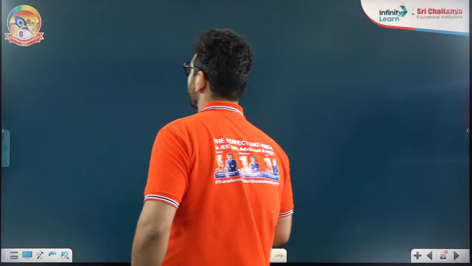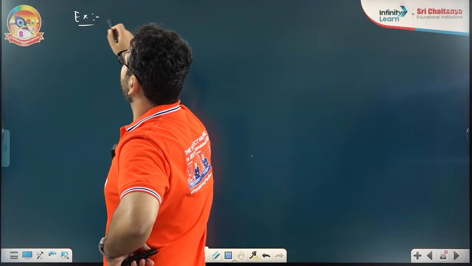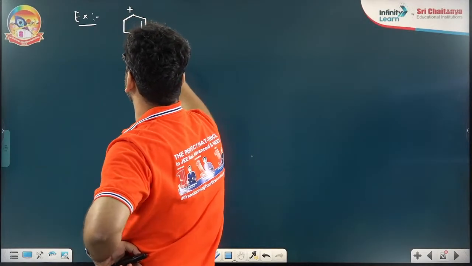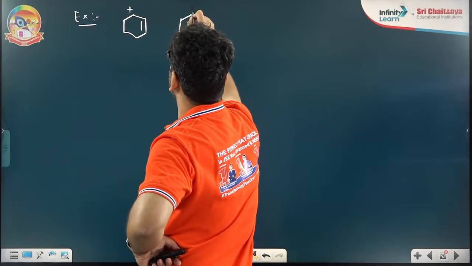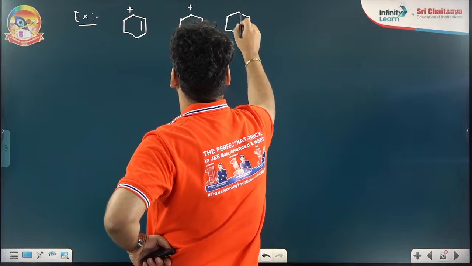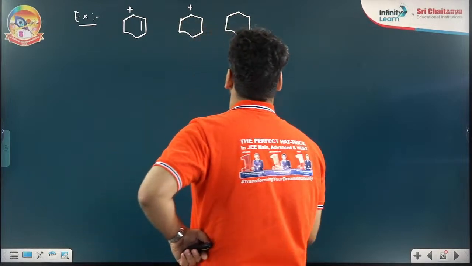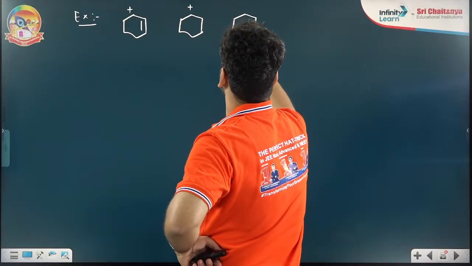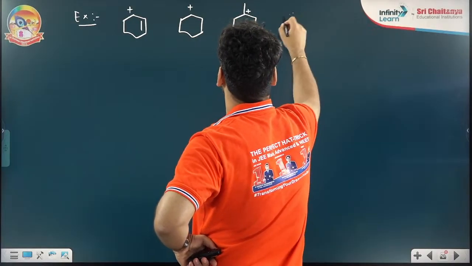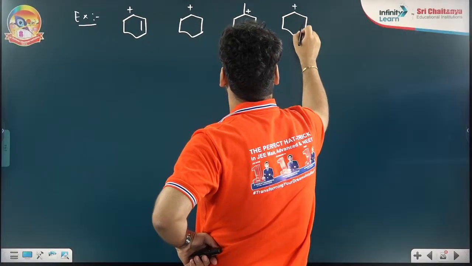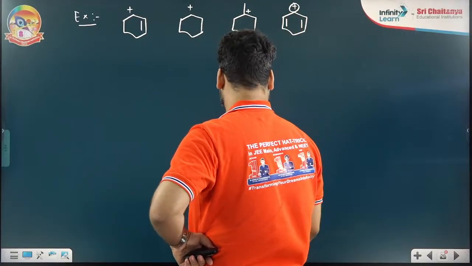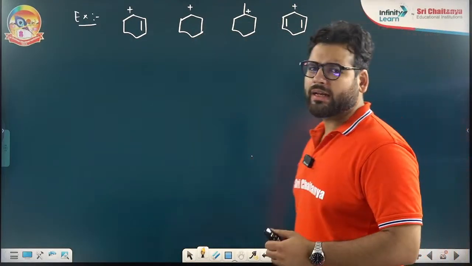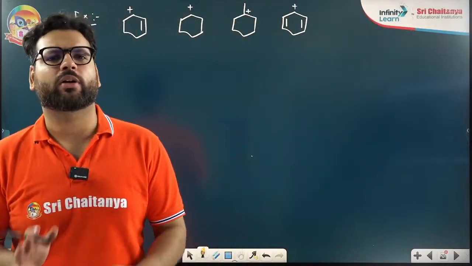Let's see one more. Okay, if I look at this one, everybody, then here also, see, inductive effect will most probably not be seen in the carbocation stability orders.